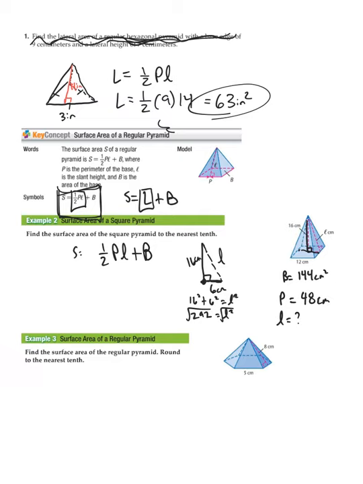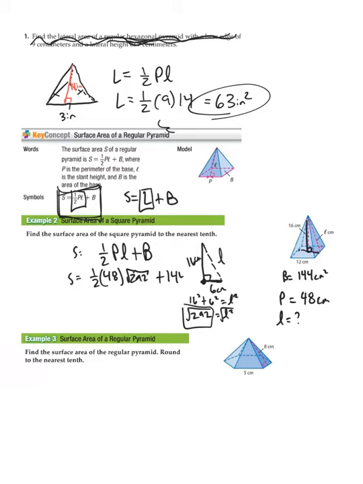Let's plug it in. Let's call it the square root of 292. Plug it in all at once here. 1/2 perimeter of the base, we said was 48, times the square root of 292. We can plug that into our scientific calculators. Plus B, and 144 was B. 1/2 of 48 is 24 times square root 292.